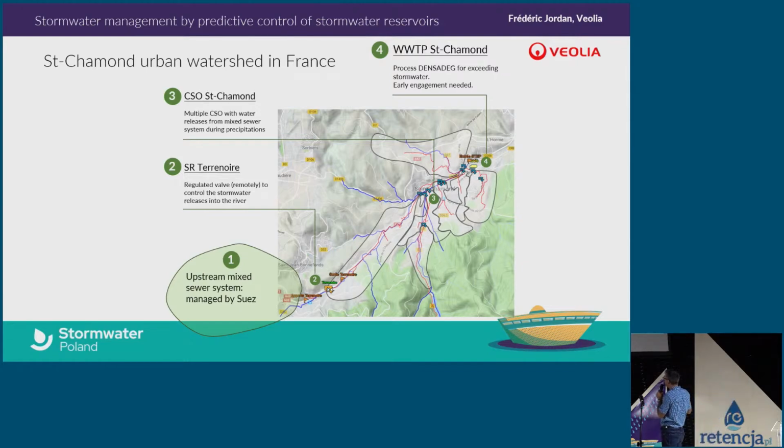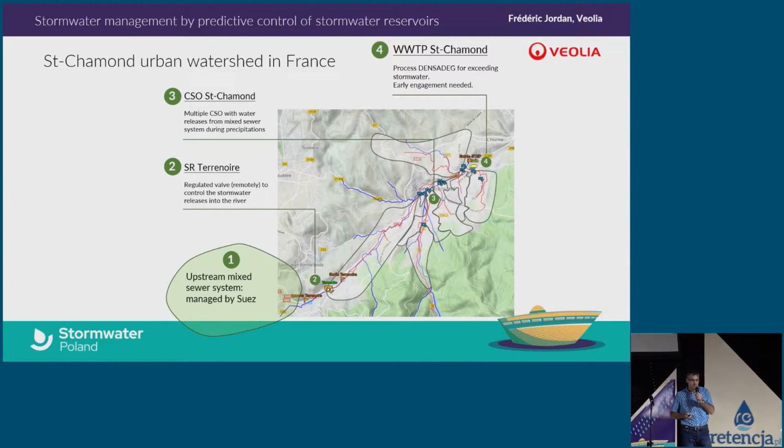At the end, we reach the treatment plant, having also a combined sewer overflow, and this treatment plant has also a particularity. It is that there are 2 processes. One process is for dry situation, and the other process is for rainwater situation. So a second line. I will come later on it.